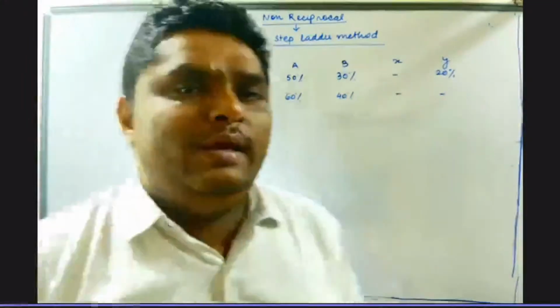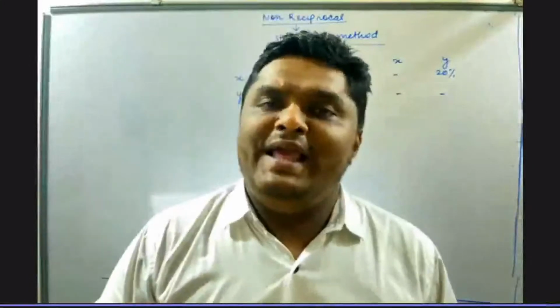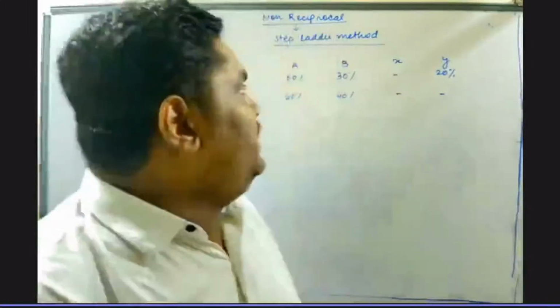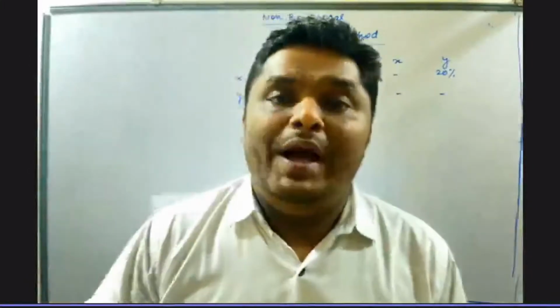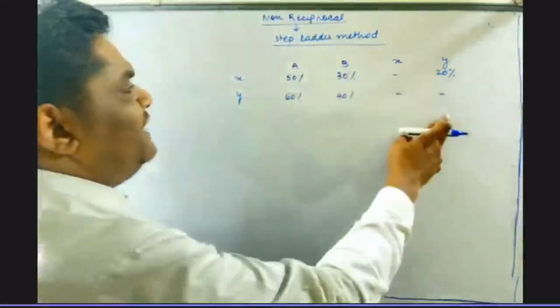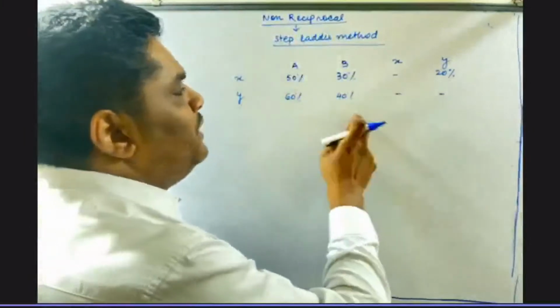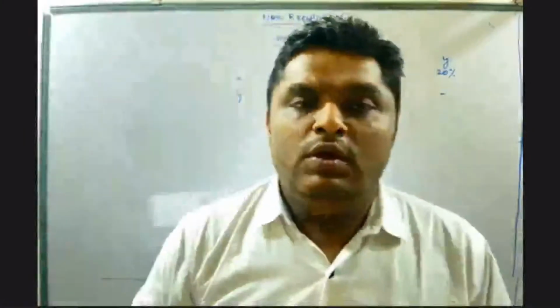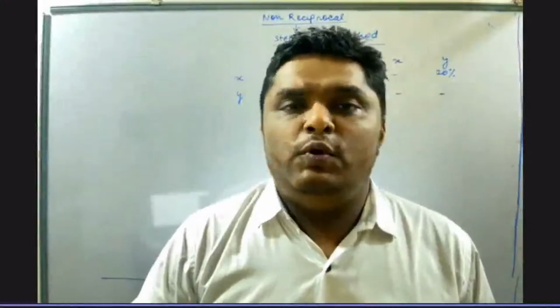So herein, the service department X is providing services to A, B, and Y. But when talking about Y, it is providing services only to the production department. So now this is the non-reciprocal approach.